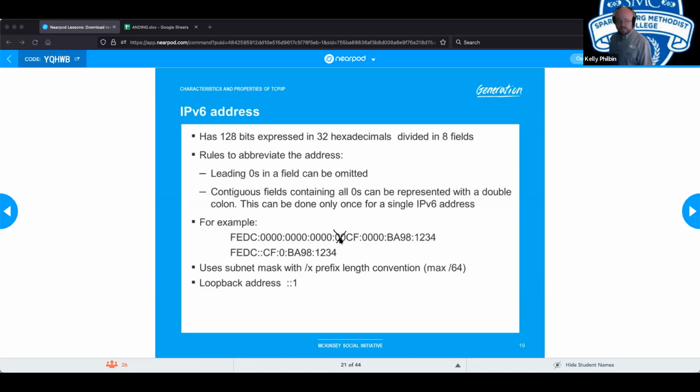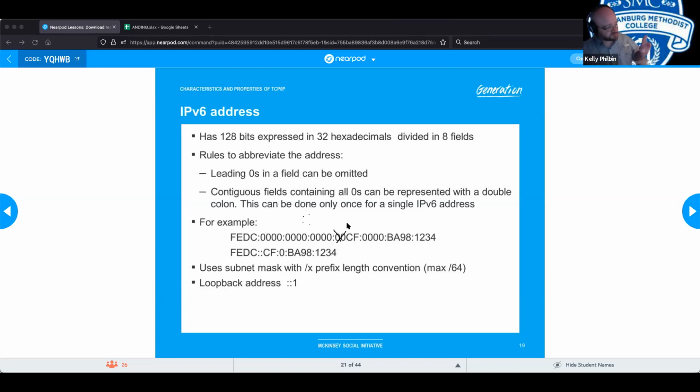The other one is contiguous groups or fields containing all zeros, which means they're all next to each other. Right here can be represented with a double colon. This can only be done one time.